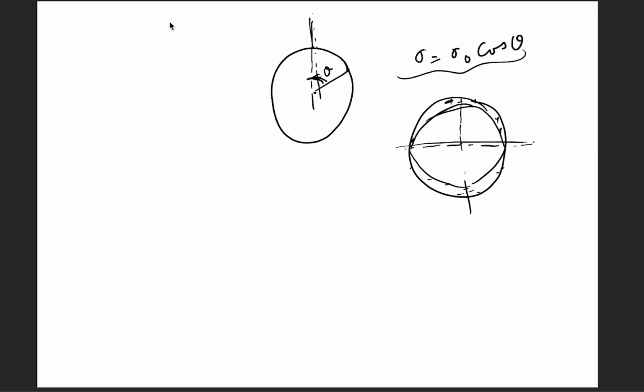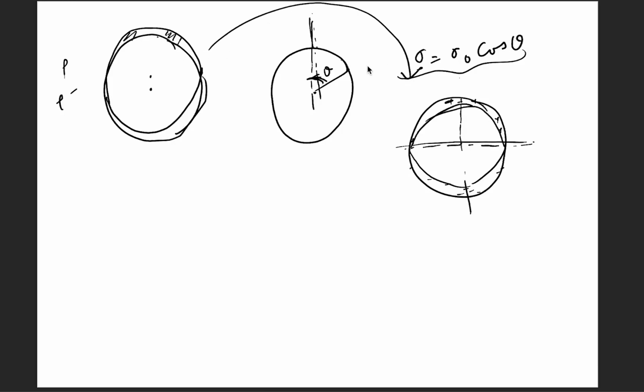Now it can be proved that this kind of surface charge density can be shown as composed of the superposition of two spheres with volume charge densities ρ and minus ρ, but their centers are displaced a little bit. So if this is the first center and this is the second center, we will have this kind of distribution, similar to the distribution which we have here.